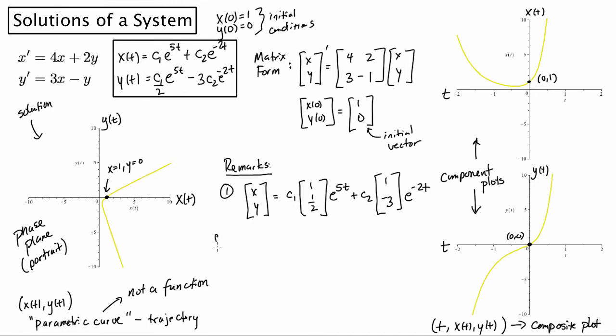The solution from Maple is x of t equals C1, and their component for e to the 5t was 2 and 1, and their component for C2 was 1 and negative 1/3.